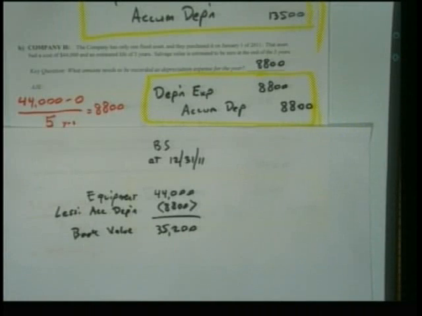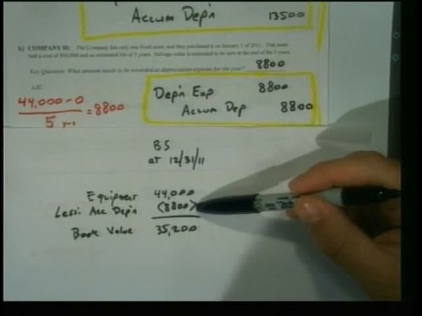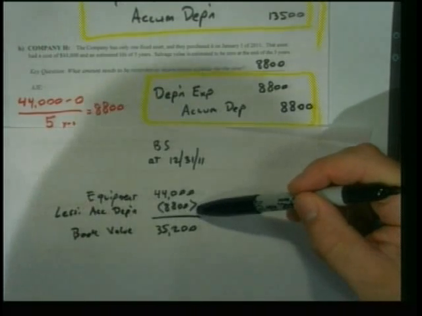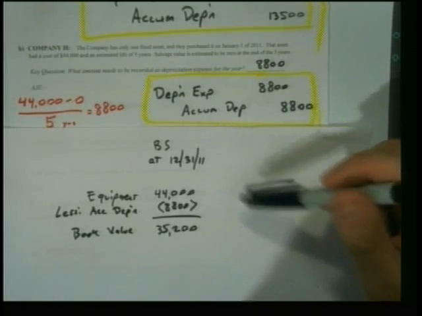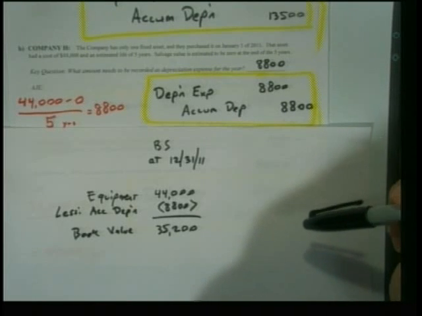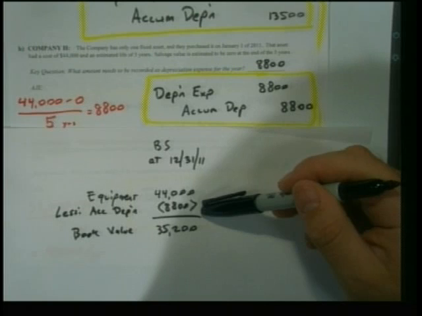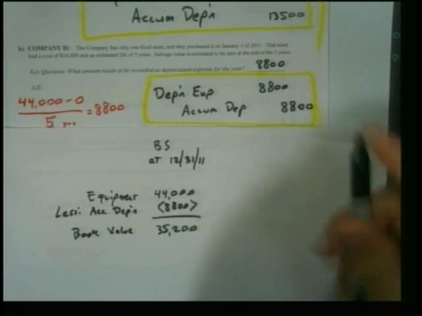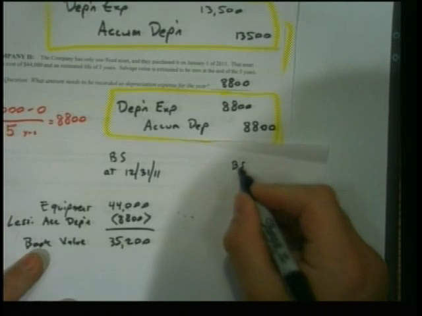Now, do you see where we're going to make this entry again at 12/31/12? That's going to be 2 times 8,800, which is 17.6, I think, right? Pretty soon, do you see at 12/31/15, that will be 44,000? What will that look like on the balance sheet?